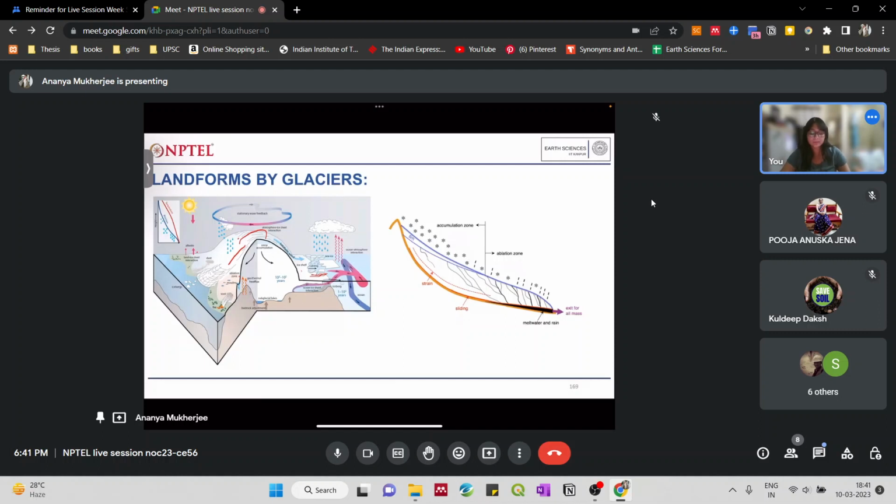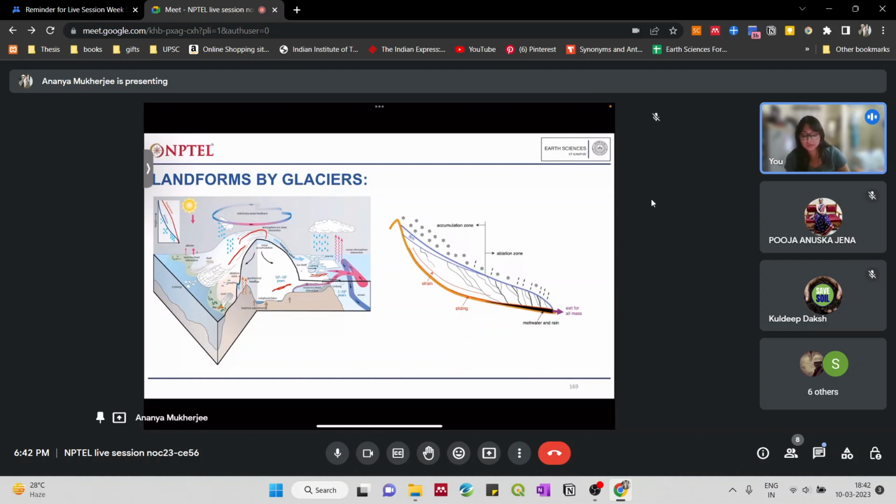This is going to take 10 to 100,000 years, this entire accumulation. And you will also have subglacial lakes. We will learn more about these different landforms in the coming slides.